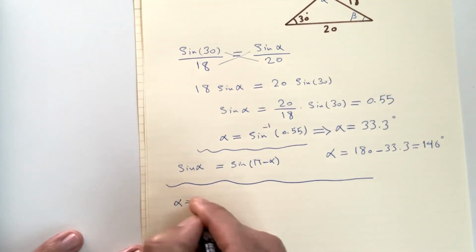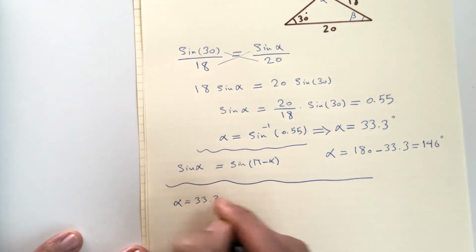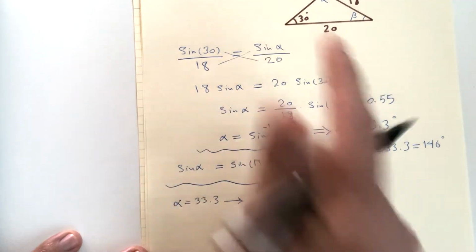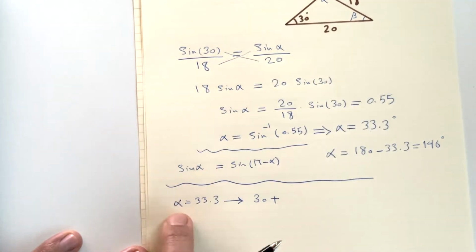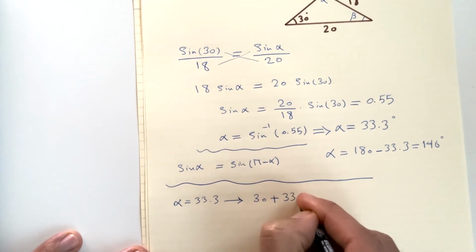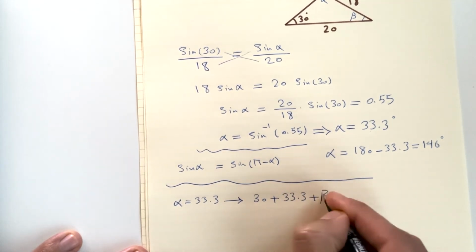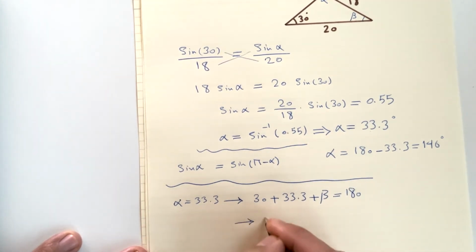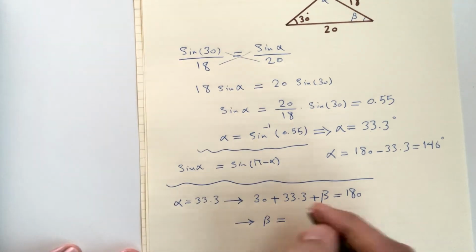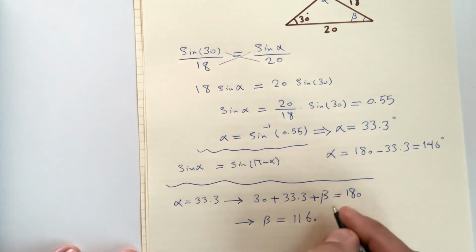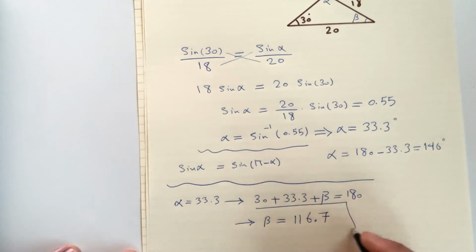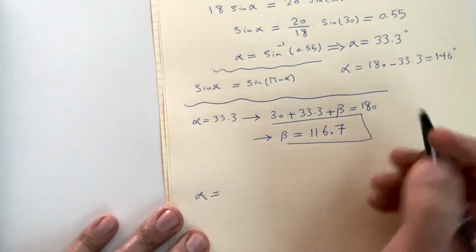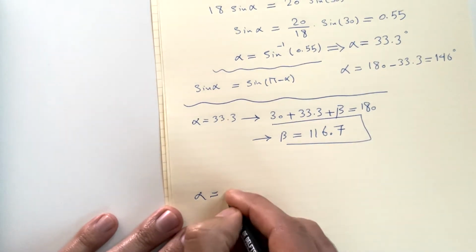If alpha is 33.3, then we know that 30 plus alpha, which now is 33.3, plus beta should be equal to 180, and this means that beta is 116.7.